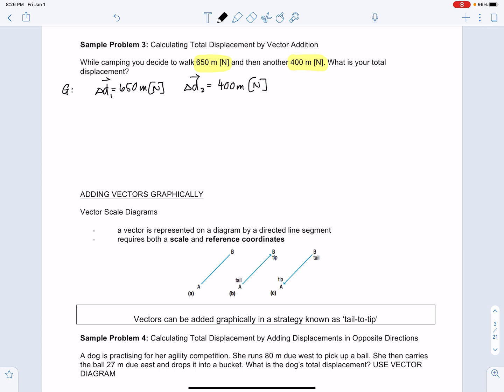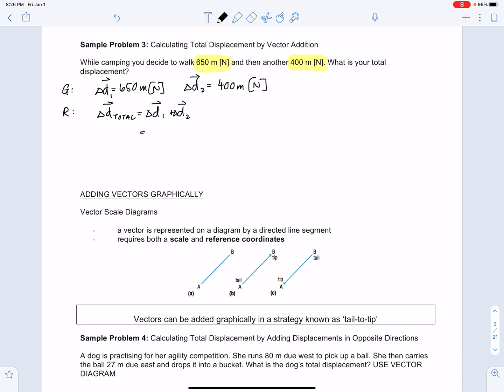Okay? And what's required is our total displacement. And to find a total, you just add them up. Delta D1 plus delta D2.